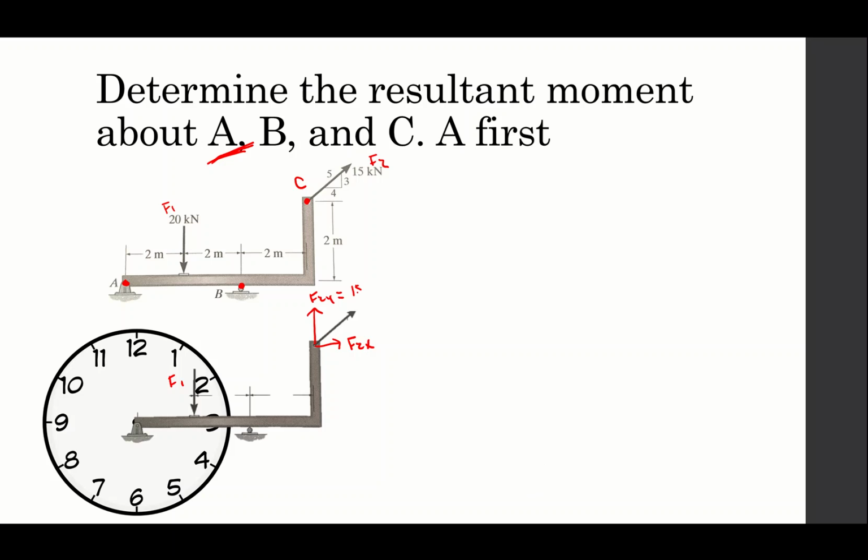It would be 15 times 3/5 and 15 times 4/5, which is 9 kilonewtons and 12 kilonewtons.